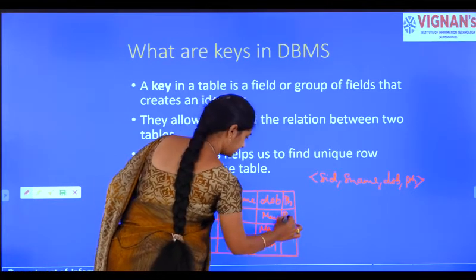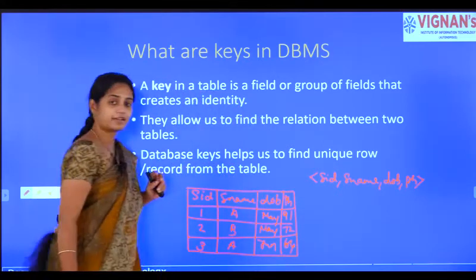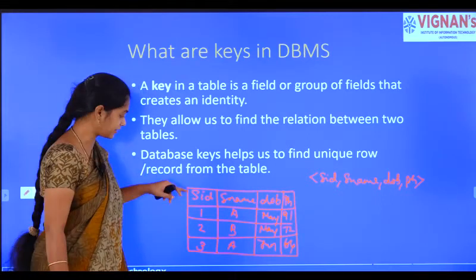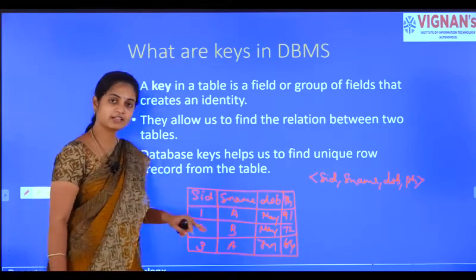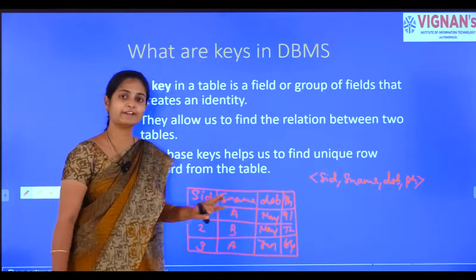Phone number 917264. So, for example, if you take this database, how many attributes can we see in this relation? We have SID, SNAME, date of birth and phone number.